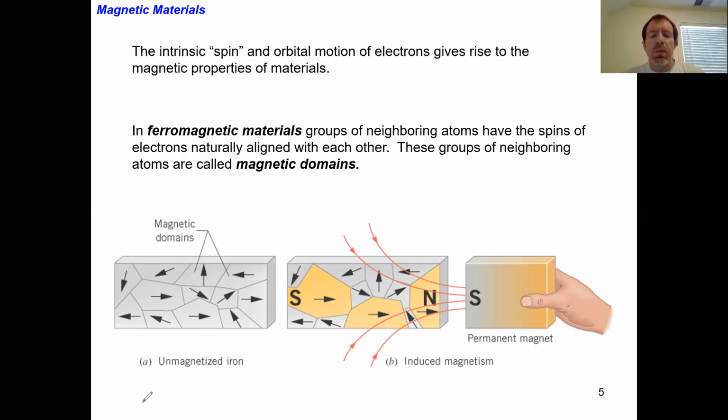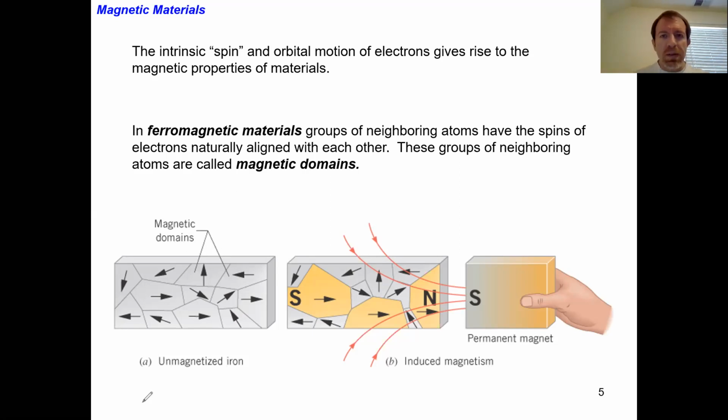So ferromagnetic materials have a bunch of unbalanced spins that all point in one direction, and as a result, we can end up with microscopic areas inside of materials where all the spins are lined up in one direction if we focus in on adjacent atoms.